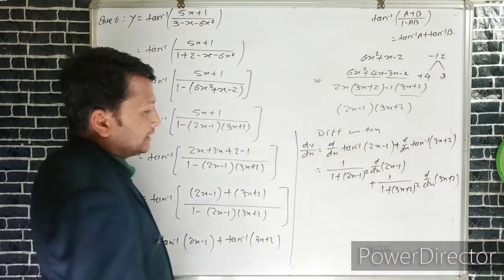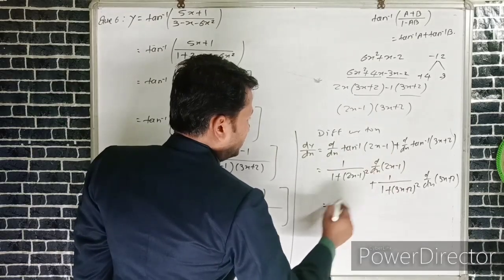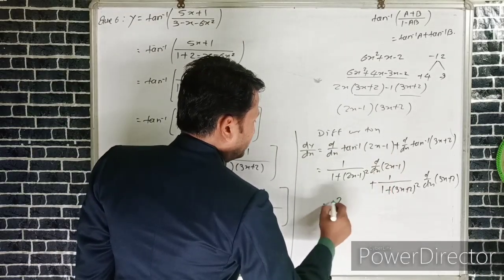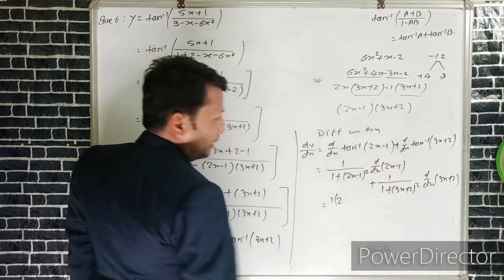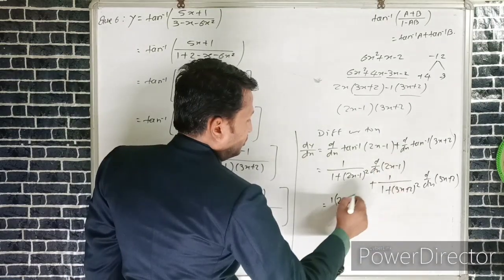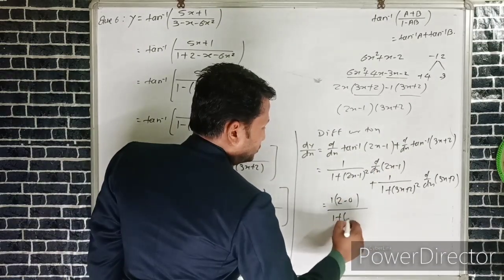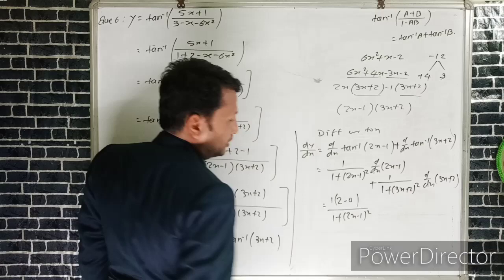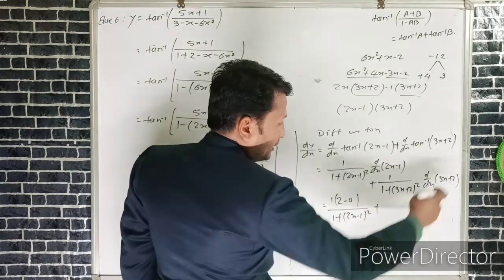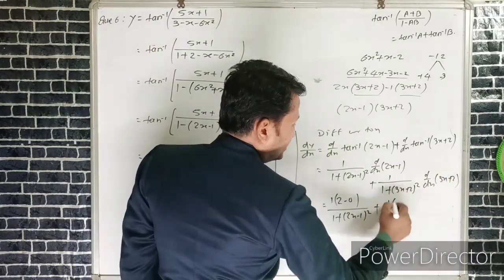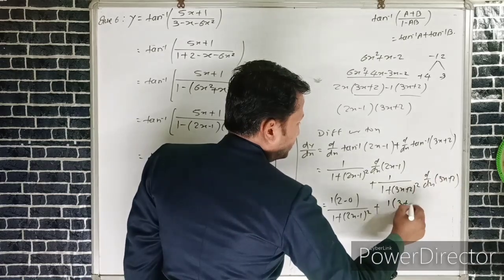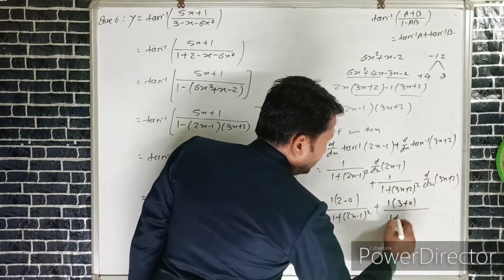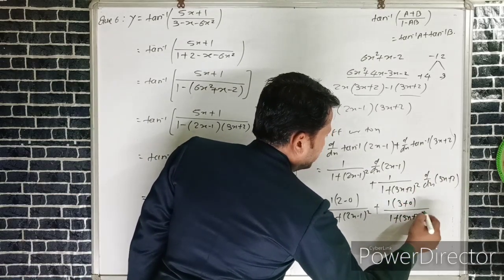After that, we can write the derivative of 2x minus 1. The derivative of 2x is 2, and the derivative of minus 1 is 0, upon 1 plus 2x minus 1 whole bracket square, plus again the derivative of 3x is 3 and the derivative of plus 2 is 0, upon 1 plus 3x plus 2 whole bracket square.